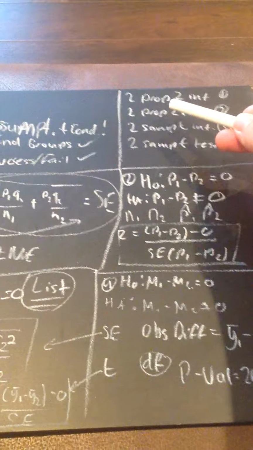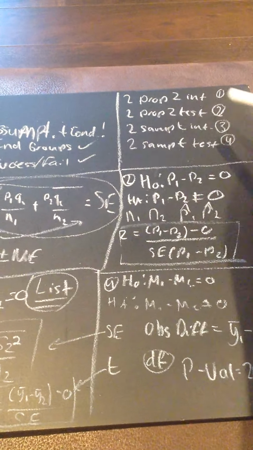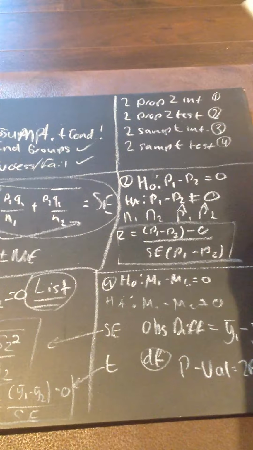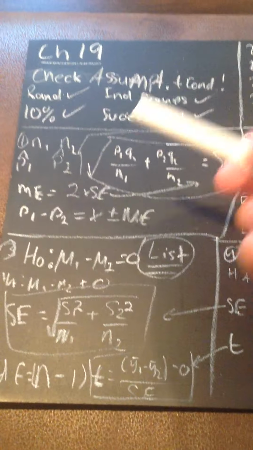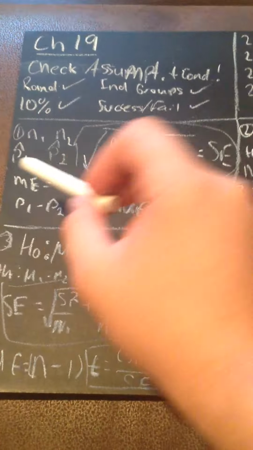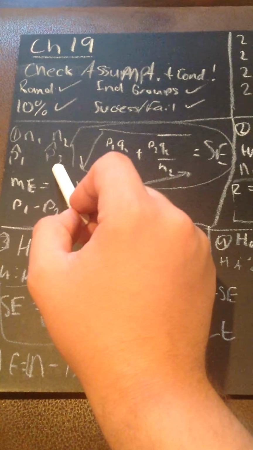Now, instead of working with one group like we were in 18, we're working with two. So, that being said, we have a terrifyingly large amount of calculation functions we can use. 4 of them. Very first one we're going to discuss is the 2-prop z interval. Okay, here is the actual work to solve one of these questions. You're going to be given an n1, n2, p hat 1, p hat 2.